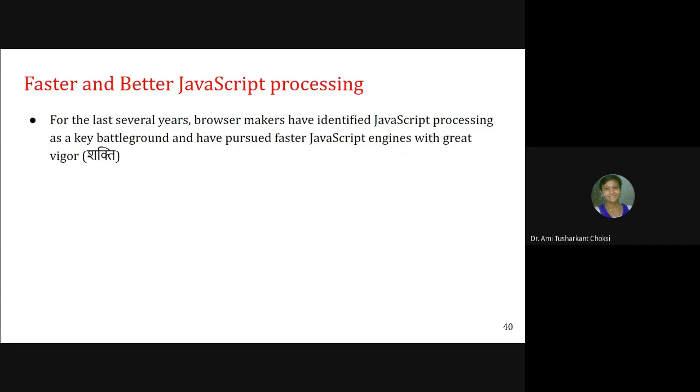Why do we want that? Right. So, for the last several years, browser makers have identified JavaScript processing as a key battleground and have pursued the fastest JavaScript engines with great vigor, right? With great power, we can say.